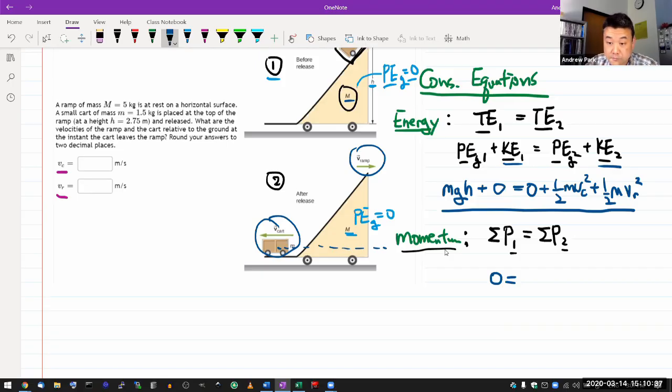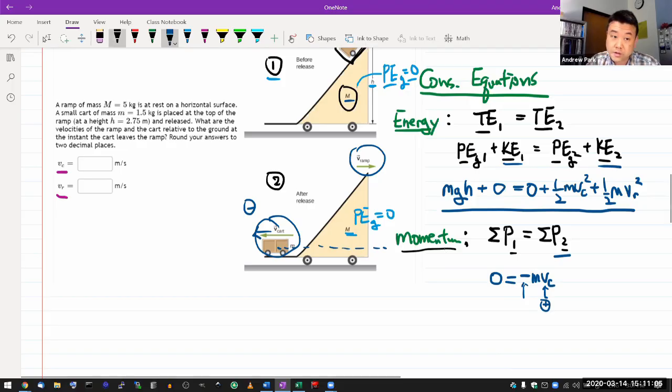So here, as I'm writing down total momentum in snapshot 2, I see my cart is moving to the left, and I'm going to say that's moving in the negative direction. So I'm going to write down for the momentum of the cart, minus mvc. What this minus sign represents is that I'm trying to make this speed, so vc represents the speed, a positive velocity.